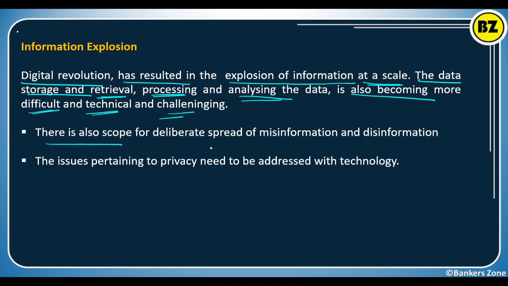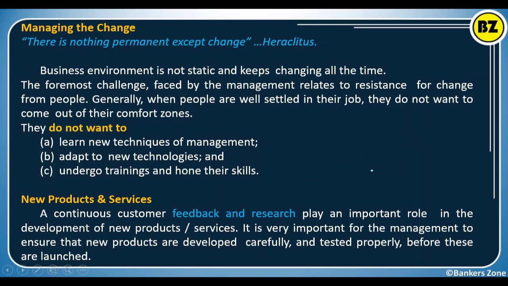There is also scope for deliberate spread of misinformation and disinformation. The issue pertaining to privacy needs to be addressed with the help of technology. This is all about the information explosion.